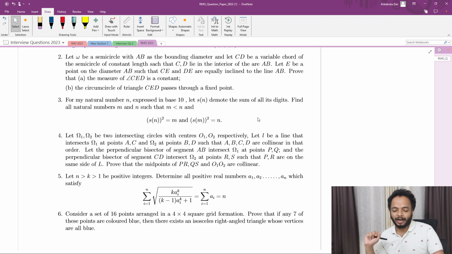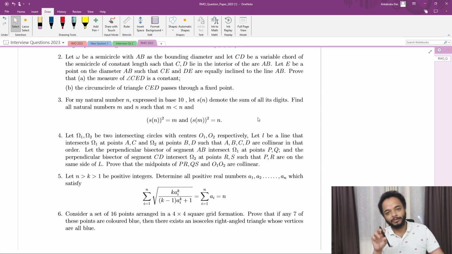But now, talking about how we can attack this problem. The very first thing one can come up with is that the sum of the digits of a natural number is always congruent to the number.